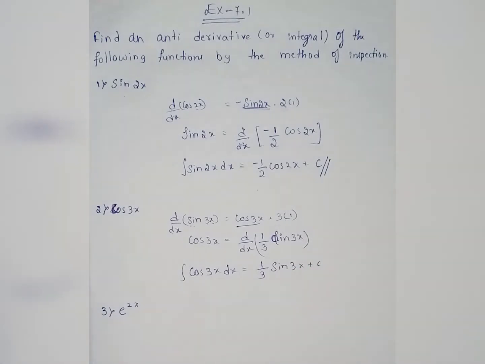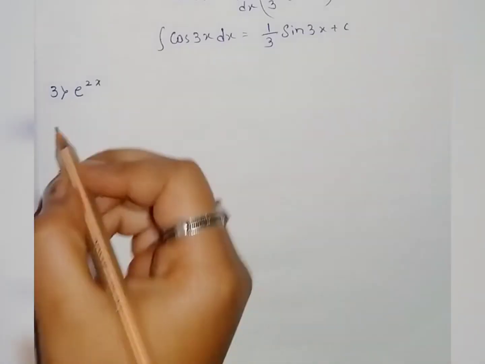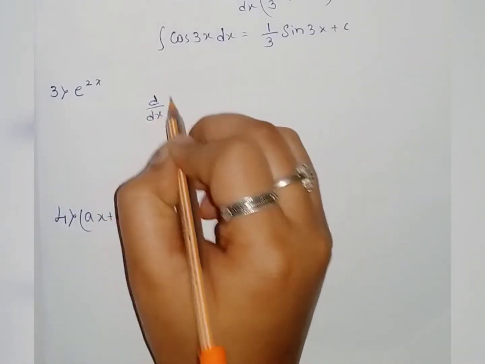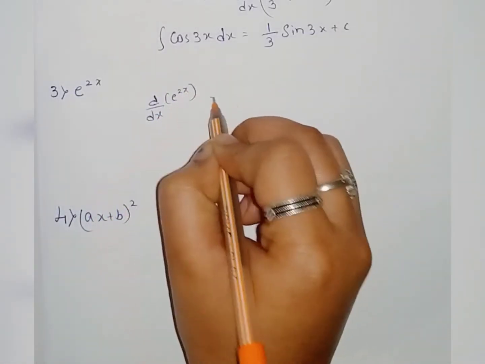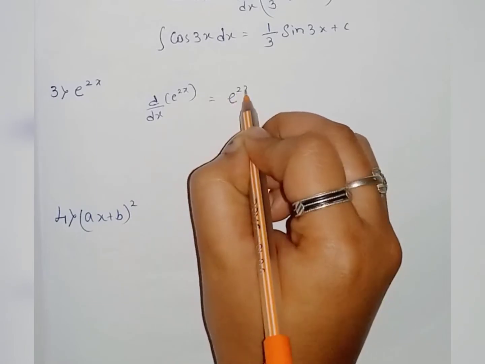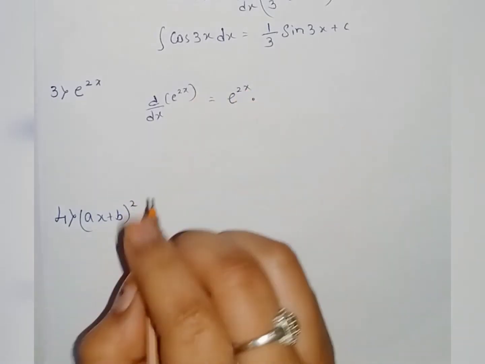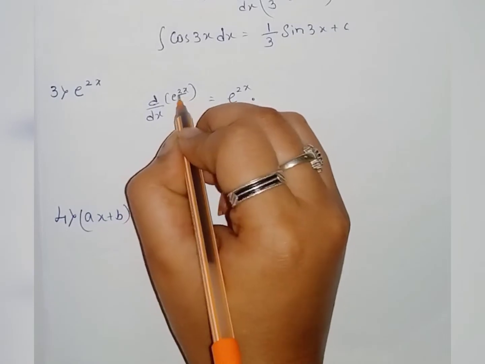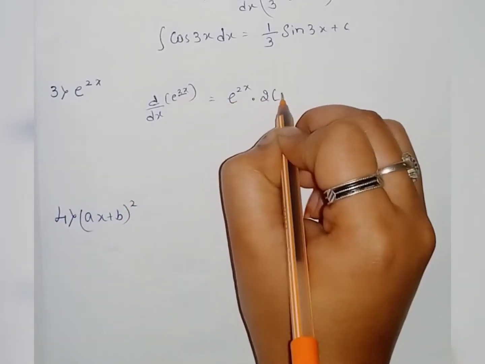Now we know exponential. The differentiation of exponential, d by dx of e power x, is e power x itself. So we can take d by dx of e power 2x, and we get e power 2x into 2 by the chain rule, as 2x is 2 into x, and the derivative of x is 1.